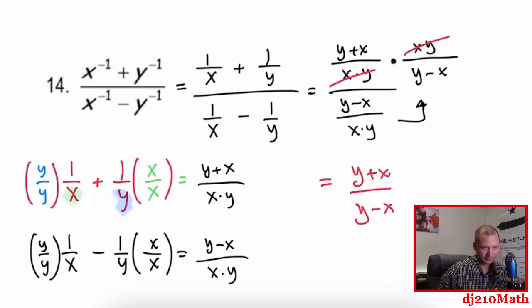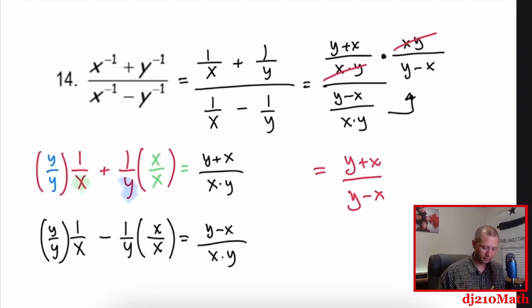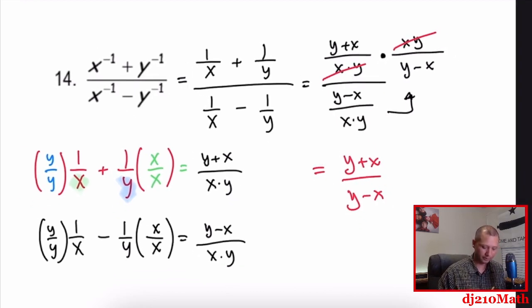It looks like these can be canceled, and that's very tempting. That's not the case. Again, remember, when things are being added and subtracted, you cannot. So this is actually a good stopping point. You can't go any further.